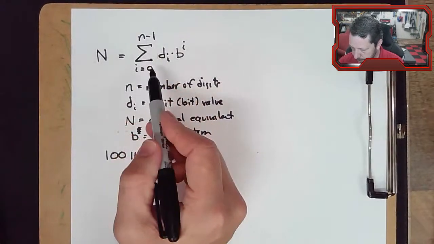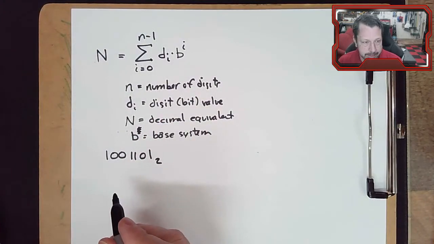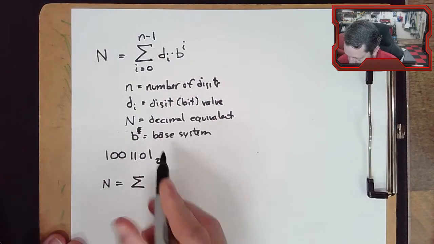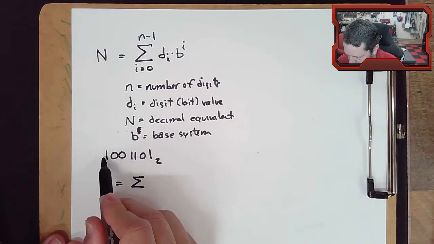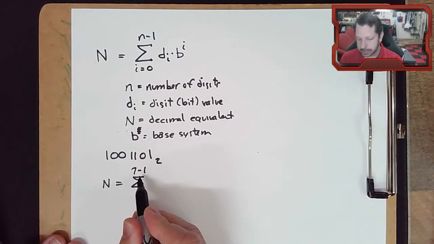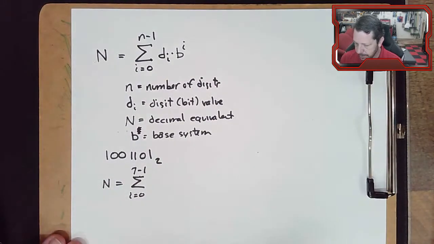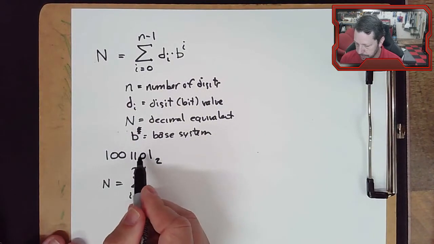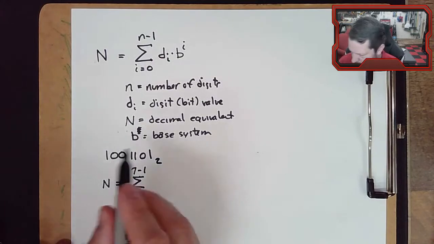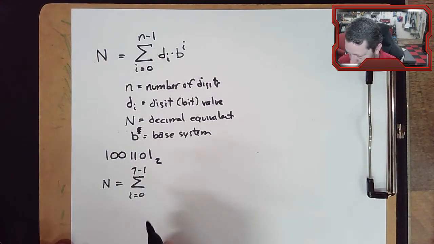And so what we would do here is we would try to complete the summation, or N equals the summation. There's 1, 2, 3, 4, 5, 6, 7. So lowercase n is 7 minus 1. So we're only going to count to 6 because we're going to start counting at 0. So that'll give us 0, 1, 2, 3, 4, 5, 6, which is the 6 above the summation symbol.